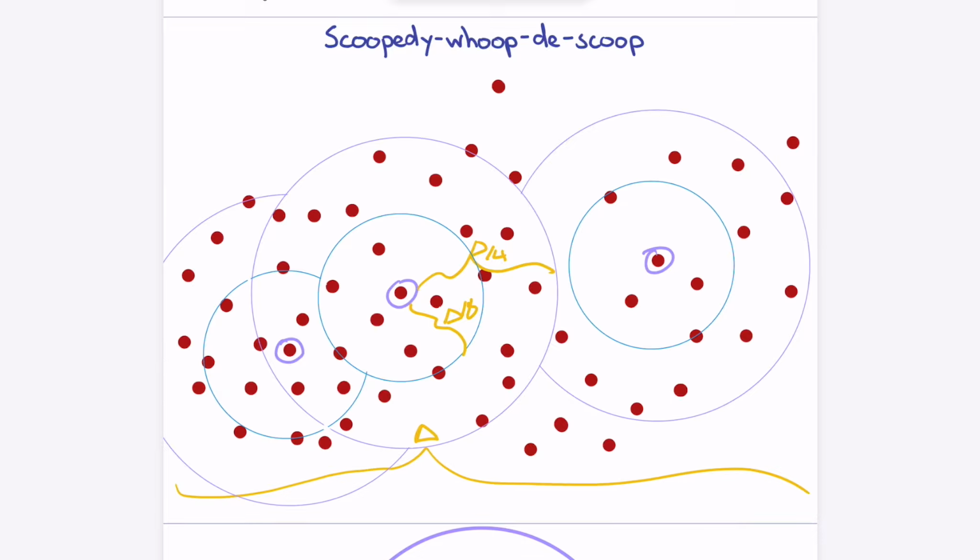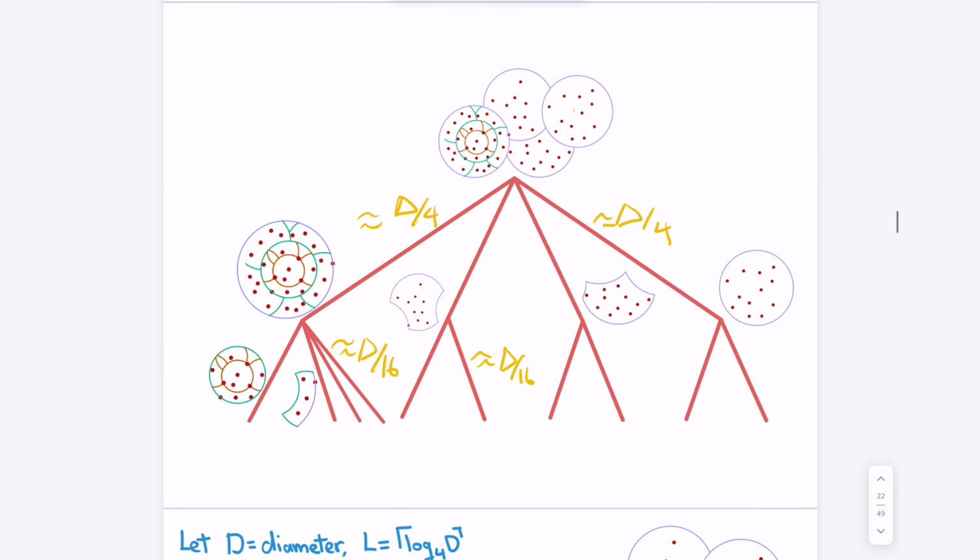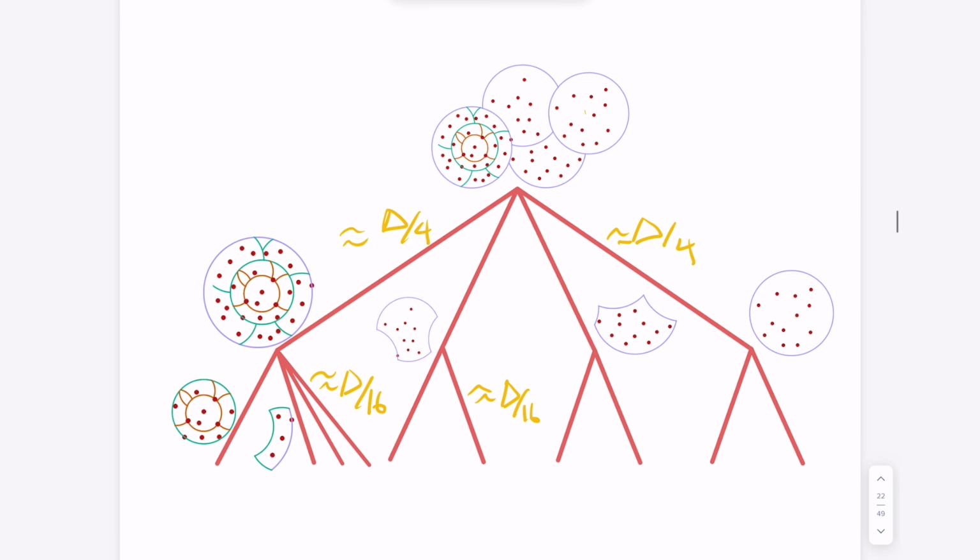Okay. So I don't know, I drew this picture ahead of time. Okay. And now what are you going to do with this? Well, you're going to use this to arrange all the points in a hierarchical tree. So something like this. The root represents all the points, remember, all the points are going to end up at the leaves.